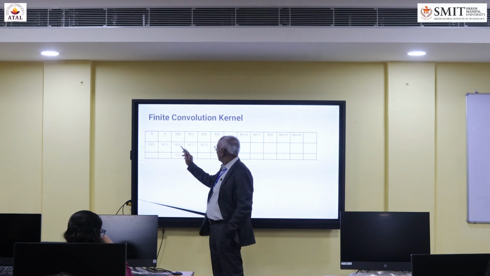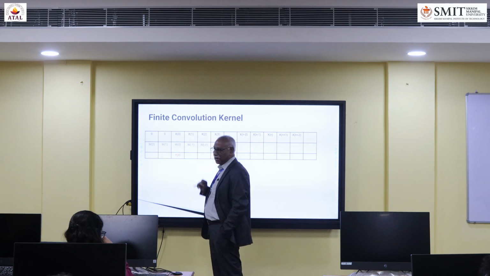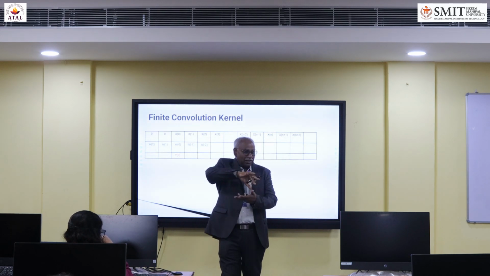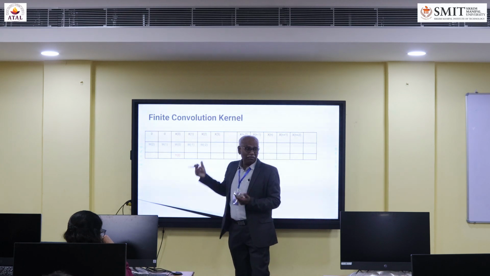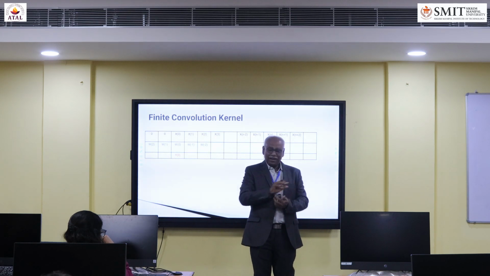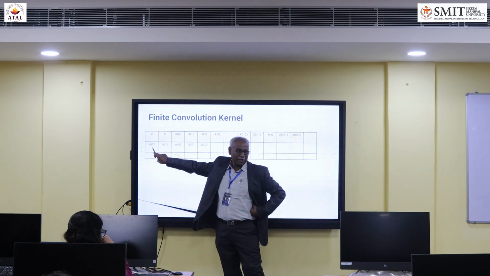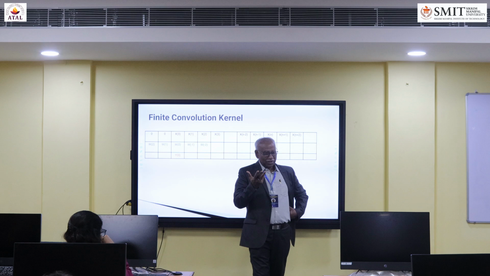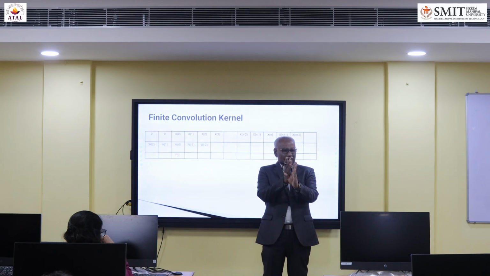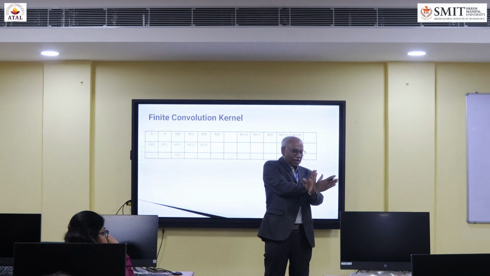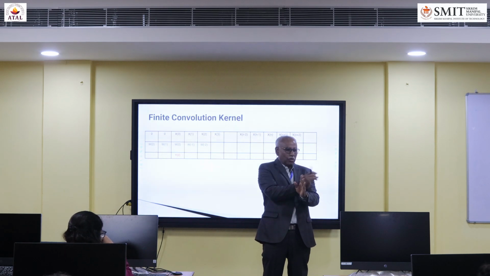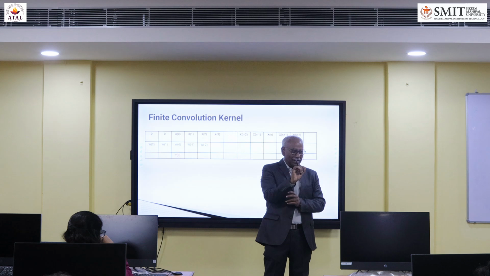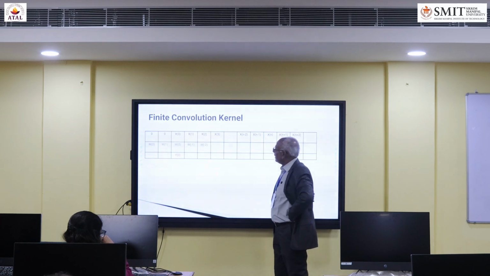This is W minus 1, W minus 2. Somebody was telling me about inversion. It is because of that inversion, the flipping. Otherwise, W minus 1, minus 2 should have been on this side. So first we flip it. Then you translate, shift it to different locations. At every shifted location, you get one value. So this is how you compute.